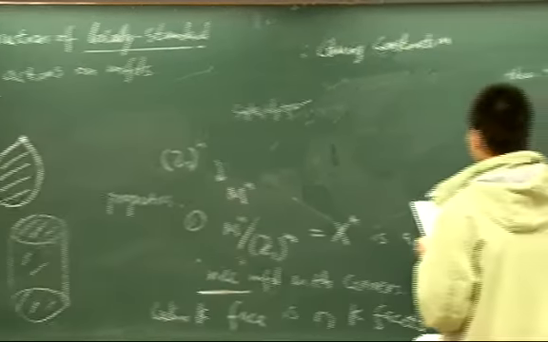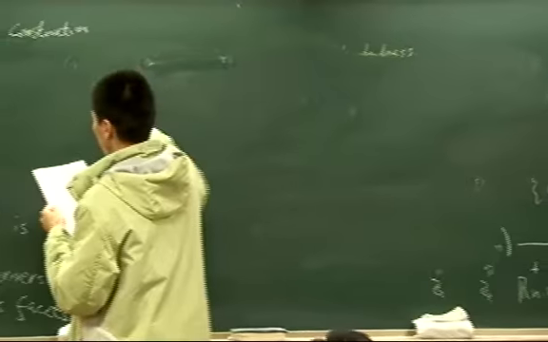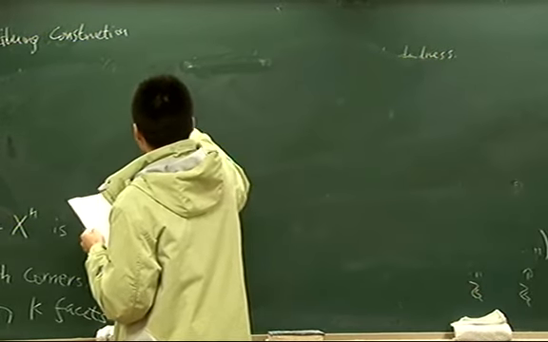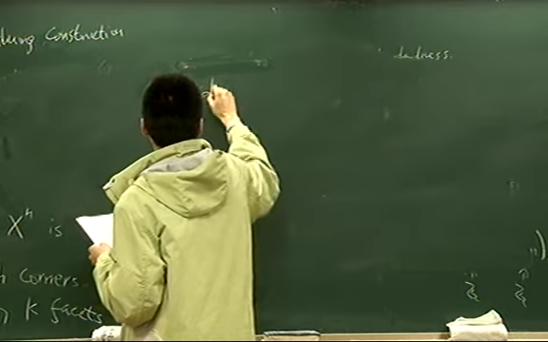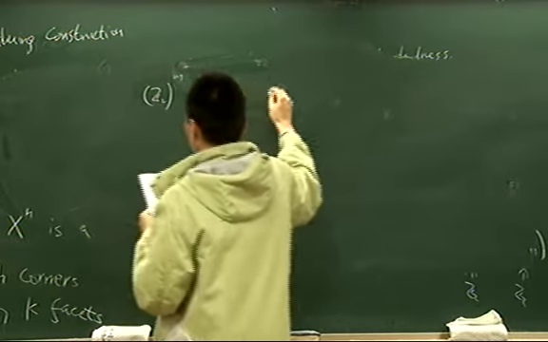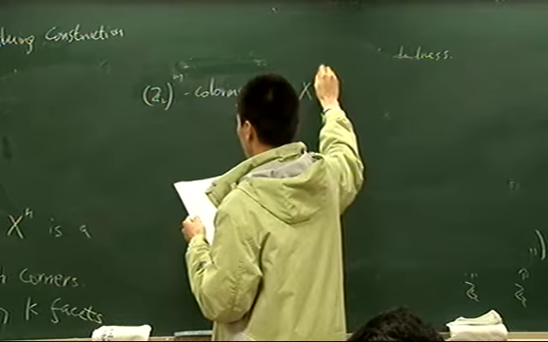Okay, and similarly, you have this Z2^m coloring on Xn.